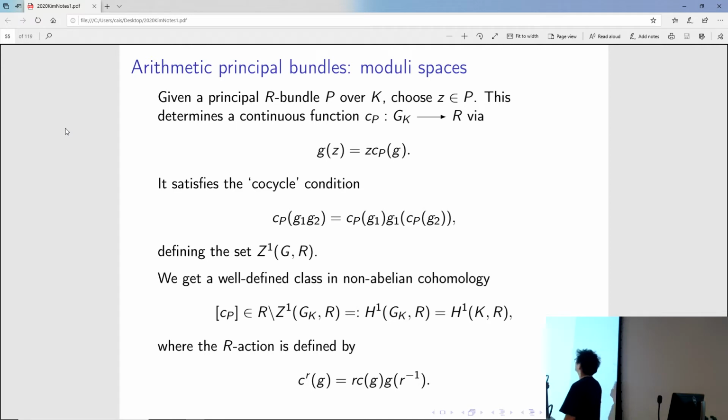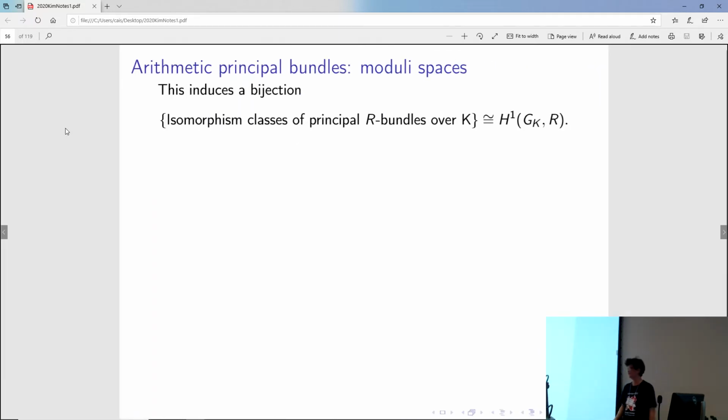And the point, which I'm not going to spell out right now, is that given the principal bundle, you get this function from G_K to R, and its equivalence class inside here is independent of your choice of Z. It just depends on the bundle. And a rather easy theorem is that this gives you a bijection between isomorphism classes of principal R-bundles over K and this nonabelian cohomology that I just defined, cocycles modulo equivalence relations.